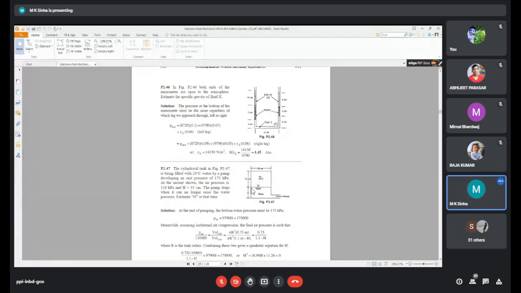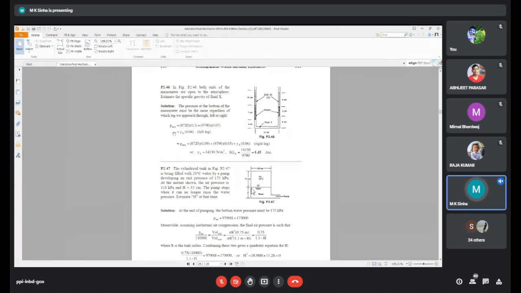First, the pressure at the bottom of the manometer must be the same regardless of whether it is approached through the left or right limb. So, left side pressure: it is specific weight, that is rho g h.